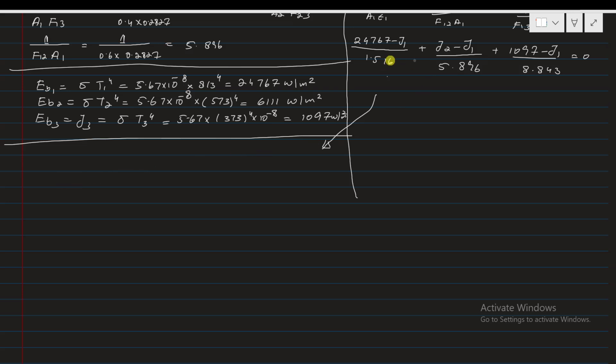Multiply each term of these equations with the values 1.5, 1.6, 5.89, 8.84. I'm simplifying this equation, so multiply these two denominators with each other, and you will get the value 79.04. So now multiply this 79.04 with each term of this equation.